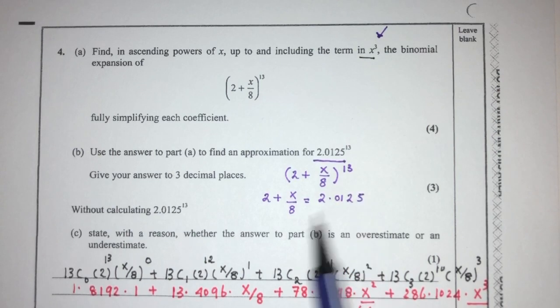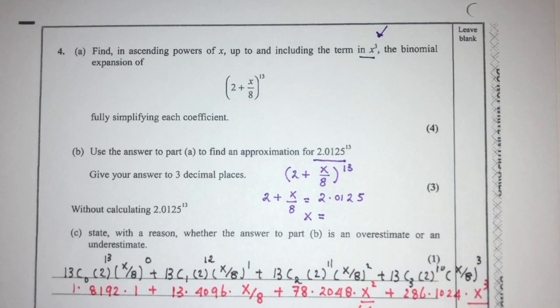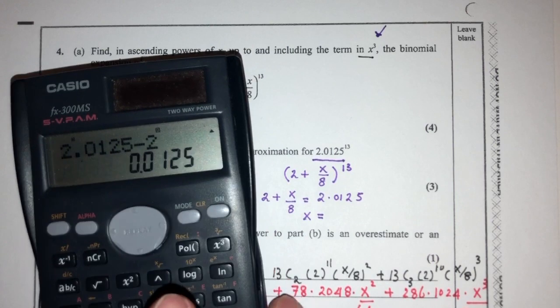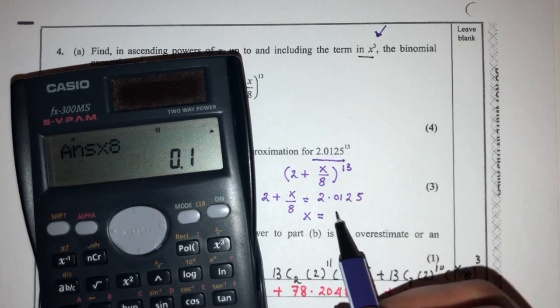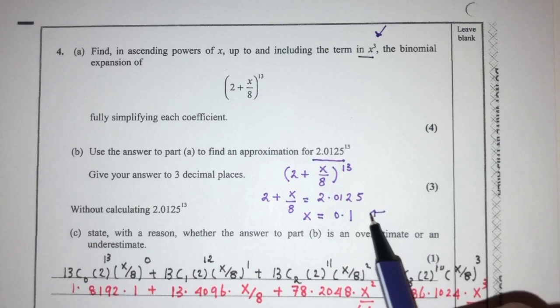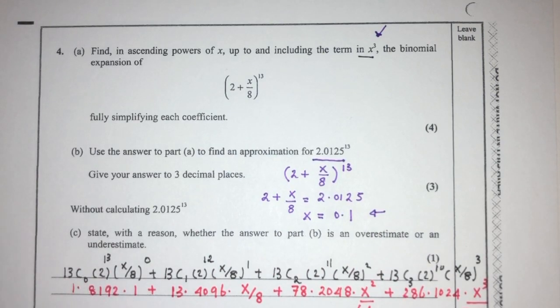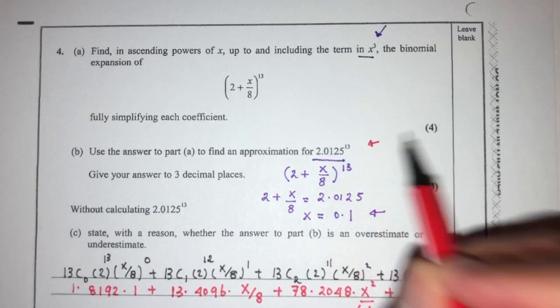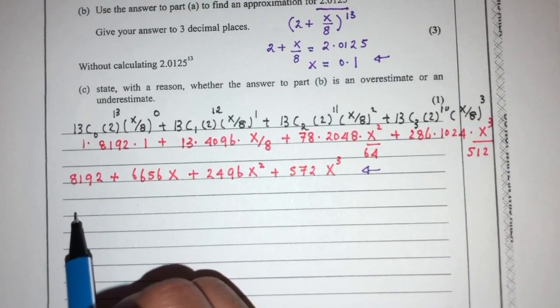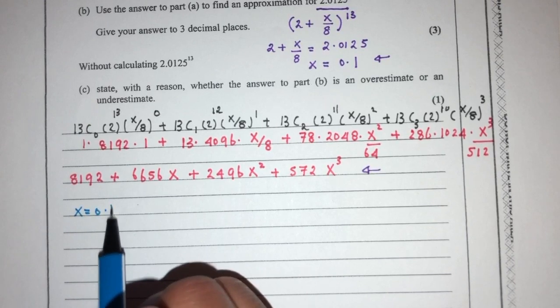2.0125. So let's find the value of x. X will be what? First thing, minus 2: 2.0125 minus 2, and then times 8. So x will be the value of 0.1. So using this value of x, let's find the estimation for this term. Pretty easy. Because we're using this expansion, now we know that x has to be 0.1.